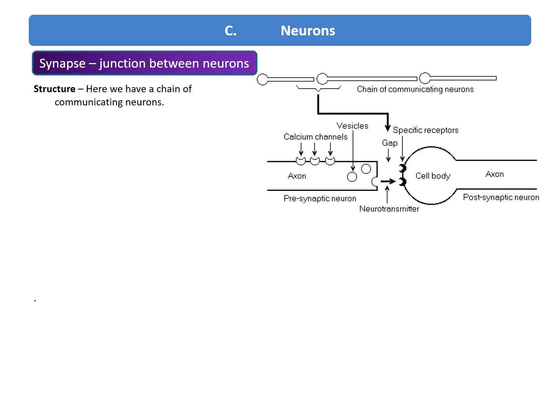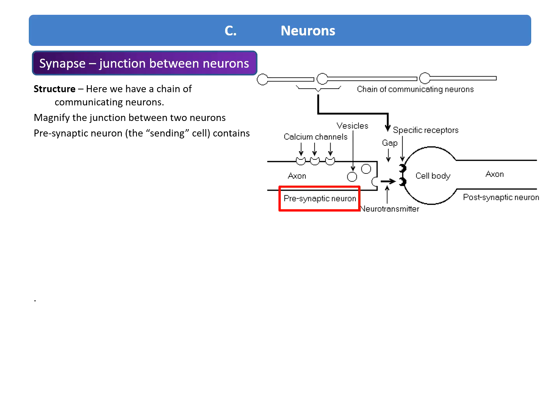Here we have a chain of communicating neurons, a pathway. Let's magnify the junction between two neurons. In this view, you have a presynaptic neuron, that's the sending cell in cell-to-cell communication. It contains vesicles, tiny sacs.